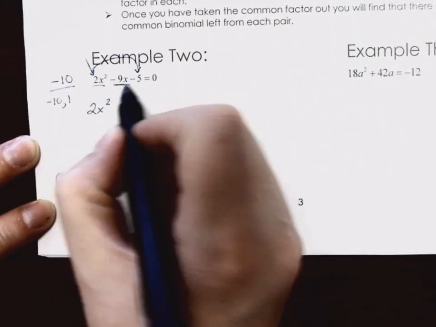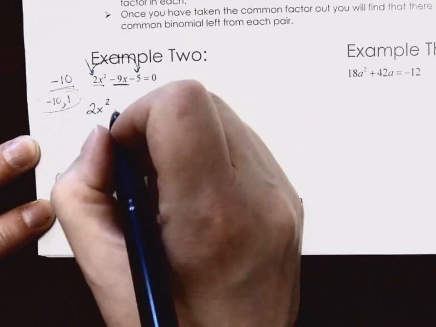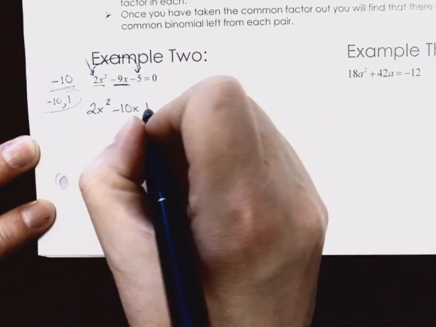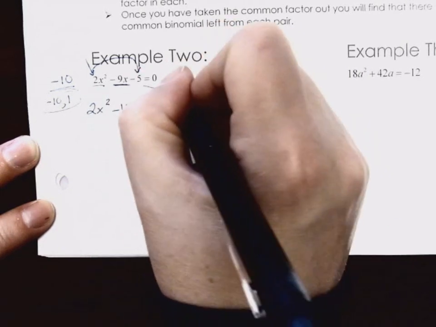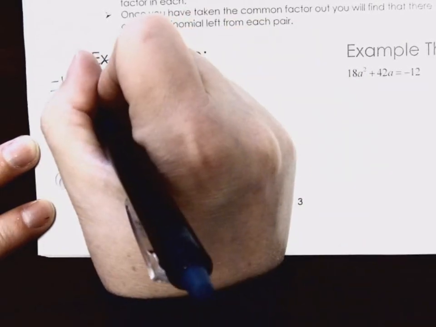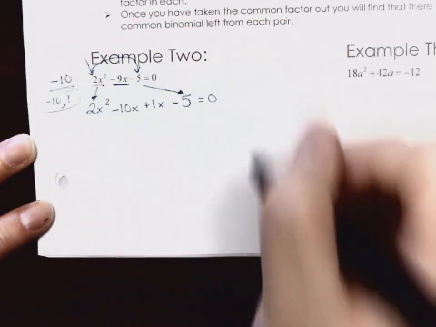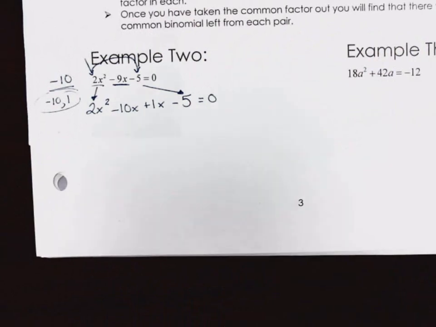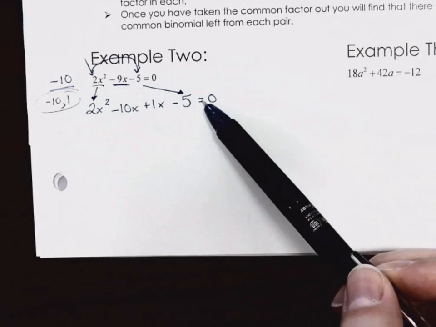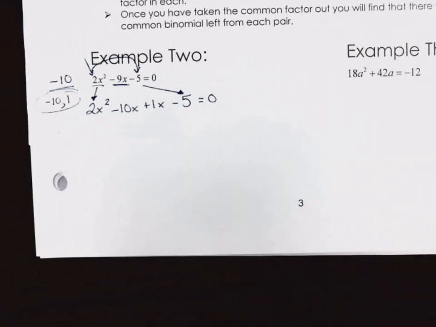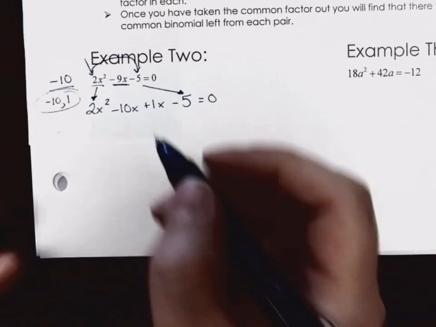Then we're going to rewrite the -9x with those 2 factors, and that guy gets just repeated as well. So those two don't change. And I just want to point out that if there's an equal sign in the question, you should have an equal sign all the way through. Don't drop your equal sign. That's bad.